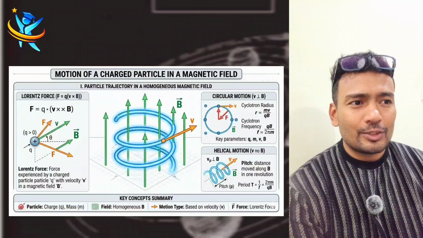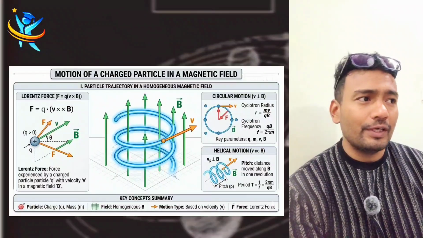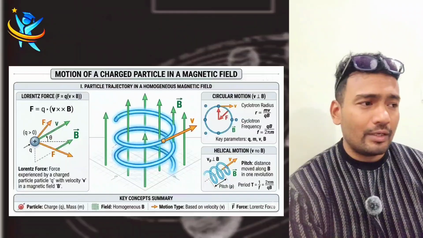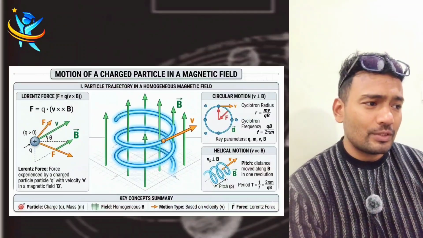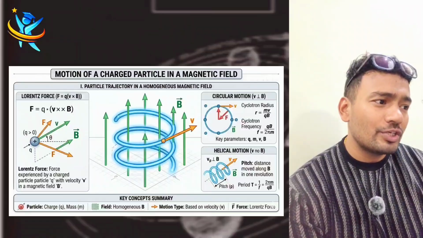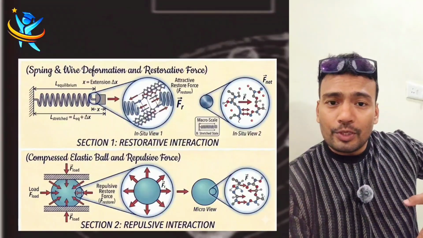So technically there is no scalar potential energy associated with the field. Okay, but in your higher classes, you'll learn one thing. In this case, just because of the presence of field, I mean that particle is present in the field, so it has a potential which is actually called magnetic potential. It's not a scalar quantity, it's a vector quantity, but अभी के लिए, I mean it's beyond the scope of your syllabus.